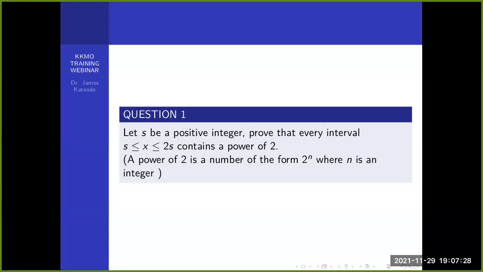So this is the question. I don't know if we should go to the solution, or if there's anyone who is willing to make an attempt or get some ideas.